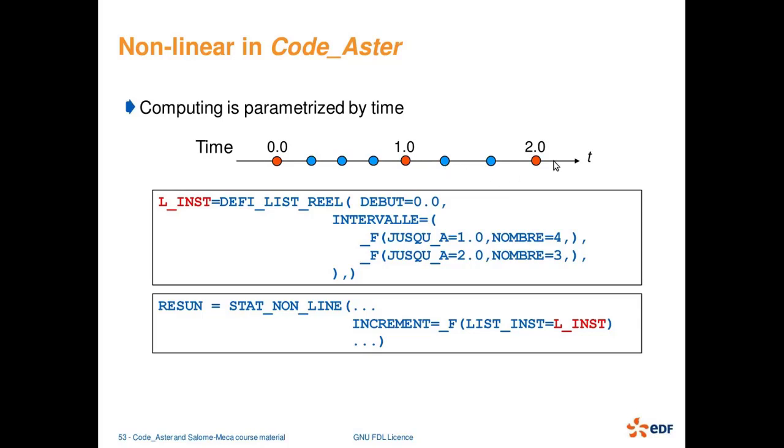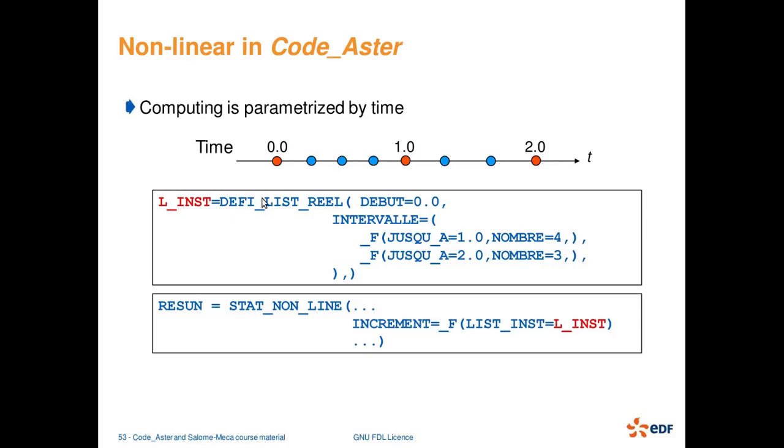I have 3 steps here. So I can increase or decrease the number of steps by giving the appropriate NOMBRE parameter at different regions. That is one way. There are various other ways that we will explore later on while solving the actual problem, maybe.